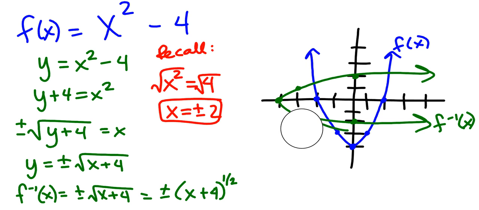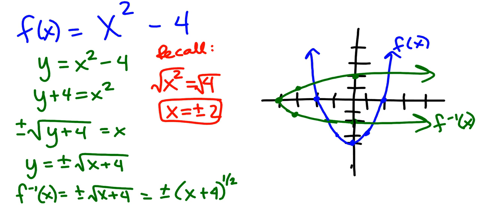Now, notice here, I've got a couple lines I've got to draw. Notice here, so we're exploring through this. Is f inverse, is this green graph, a function? So remember, what makes something a function?